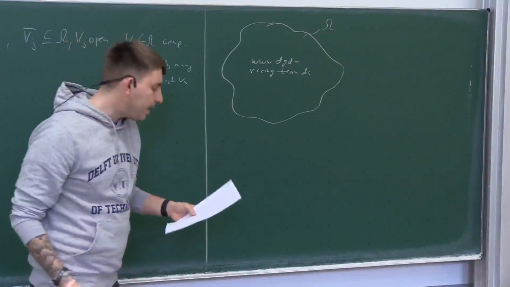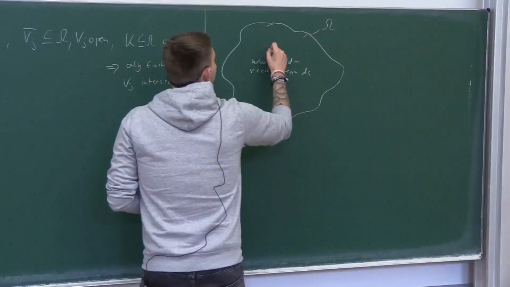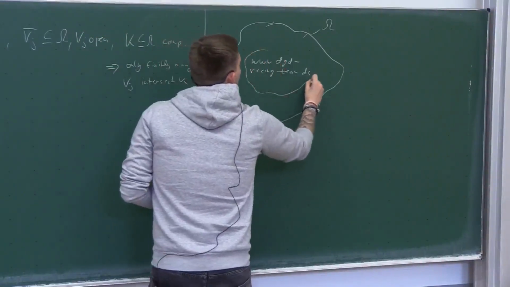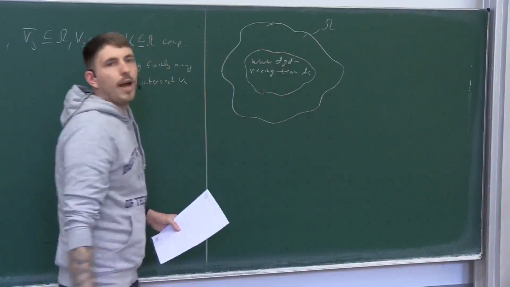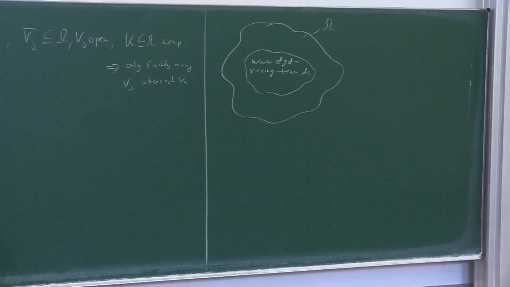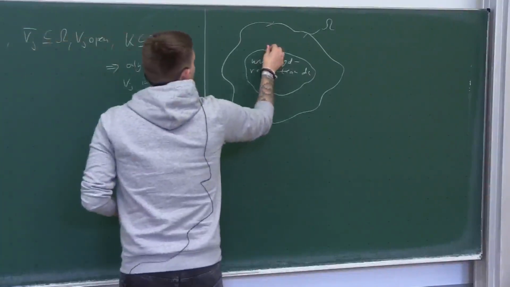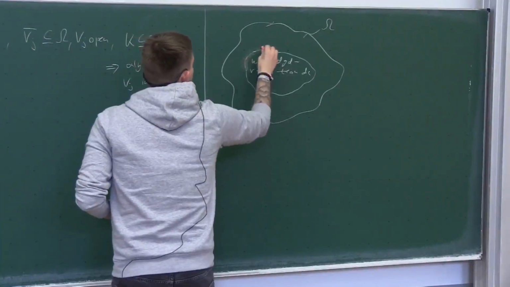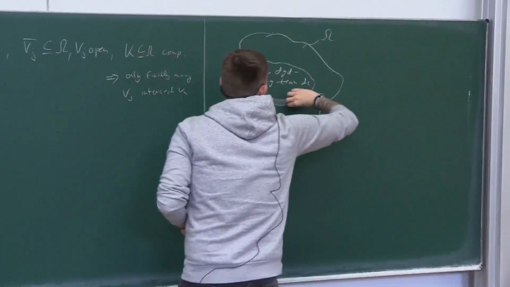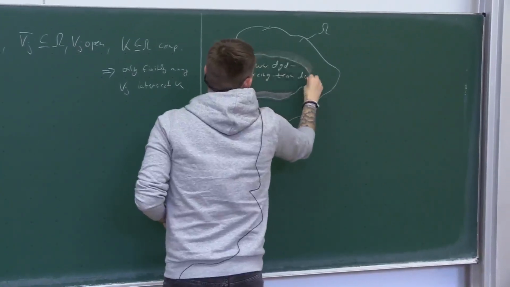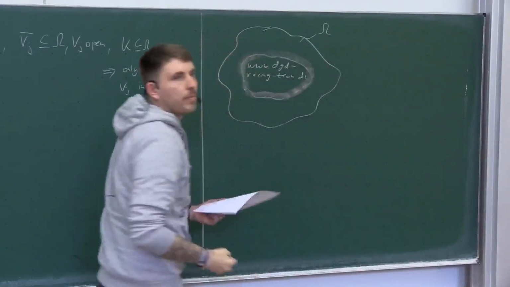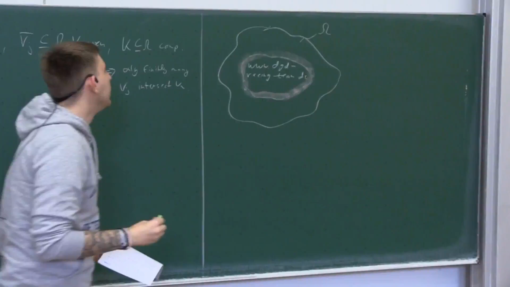So we have our open set. What we want to do is use some form of annulus. So we have some inner annulus. And then let's take again my colors. So I want to take some first annulus around it.